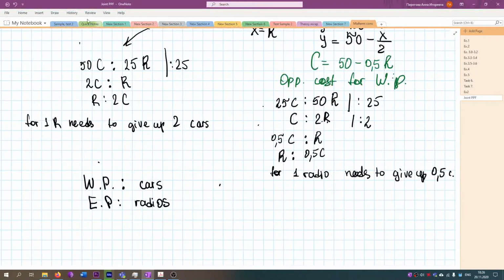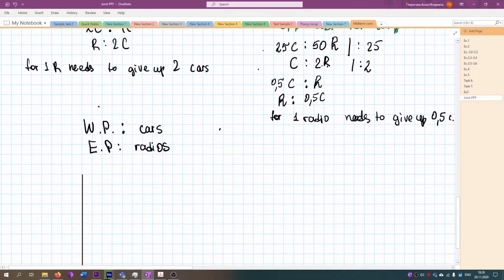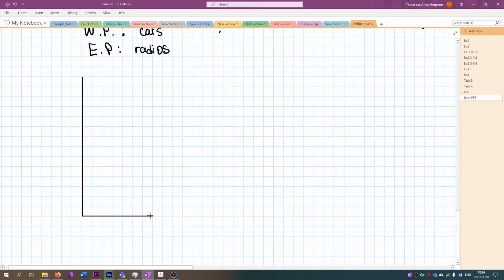So let's draw it together. So here are our axes, and let's say this will be 50, 100.